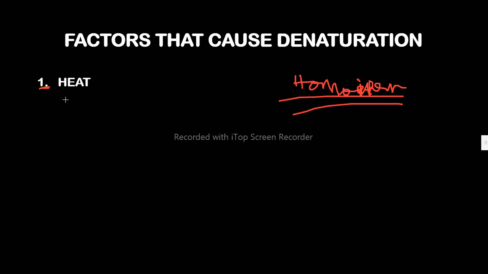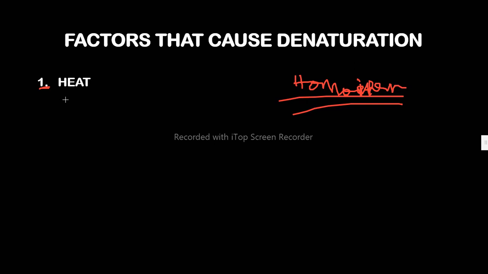For enzymes, if the temperature is low, the rate is very low, depending on how low the temperature is. As temperature increases up to a certain point, the rate increases to a maximum. The temperature at which the rate is highest is known as the optimum temperature.